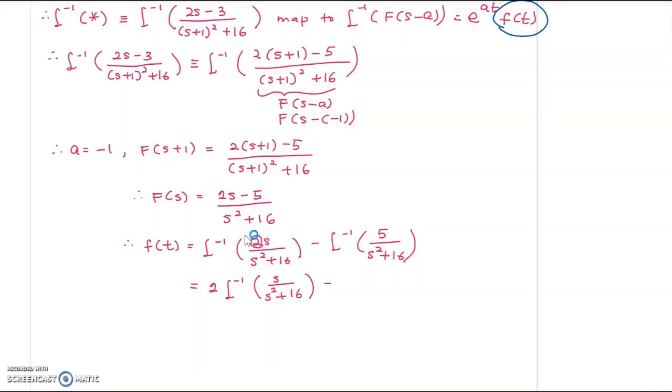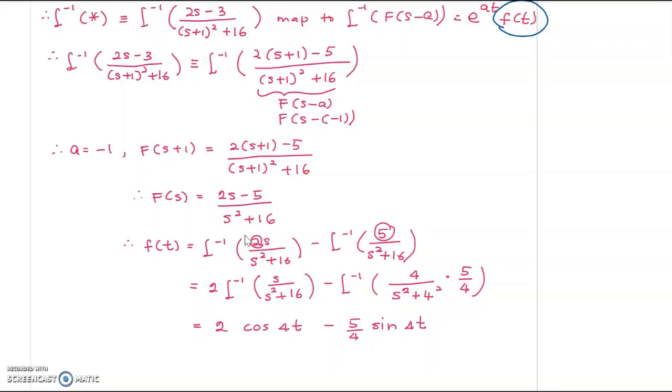Let us write for this one first. By the table, we know this one should be written in the form of 4 squared, so at the top it should be 4. In order to get back this 5, we need to multiply by 5 over 4. So by the table, this is 2 cos 4t, minus 5 over 4 can be put aside. In the bracket, we have the inverse of 4 over s squared plus 4 squared, which is sine 4t.